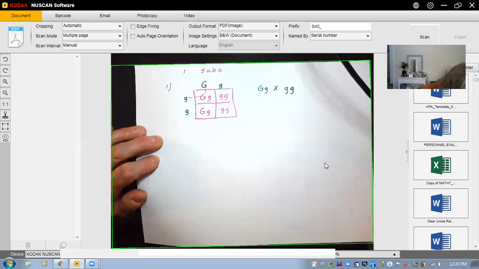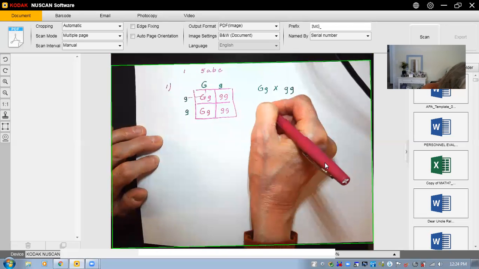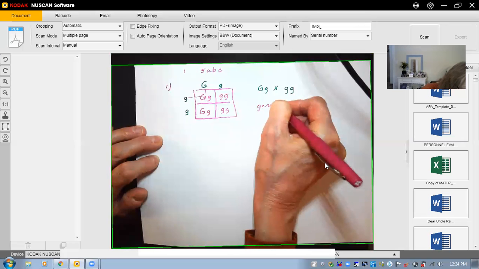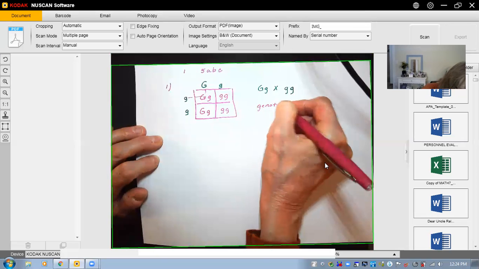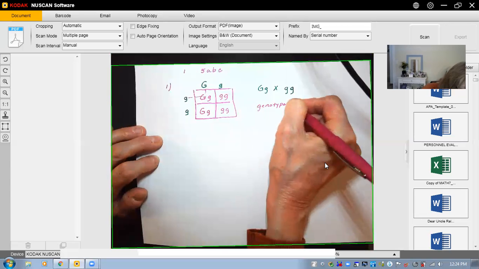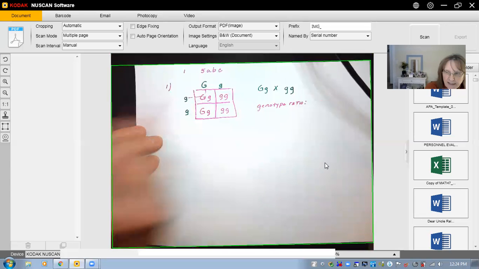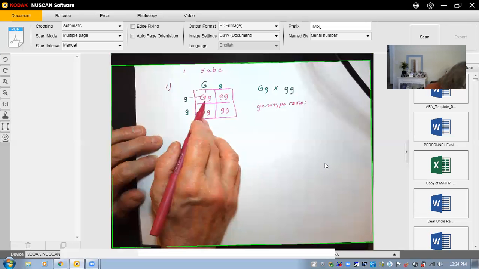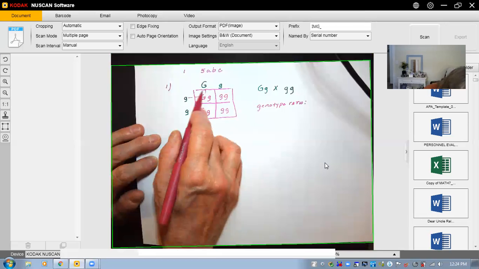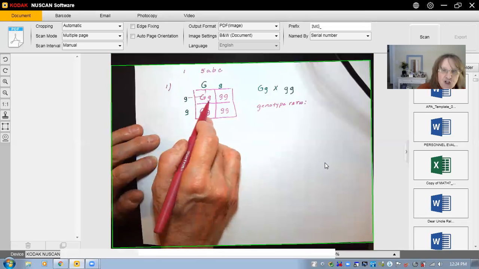Now, when they talk about genotype ratio, it has something to do with the genotype. And do you know what the genotype is? The genotype is the letters, the actual alleles that are represented in an organism. Like for the color here, this baby here is capital G, lowercase g. That's the genotype.